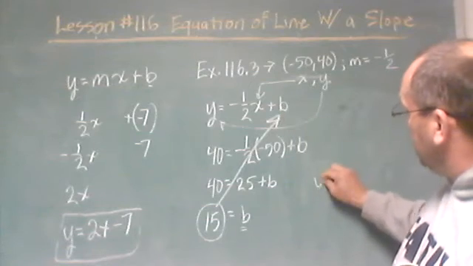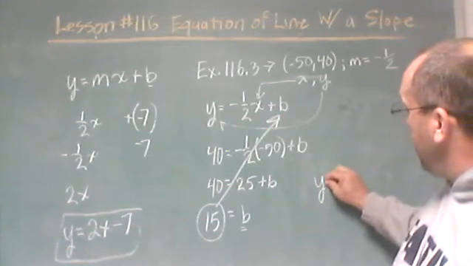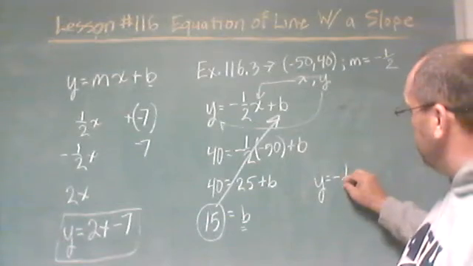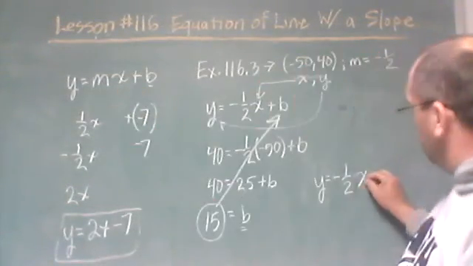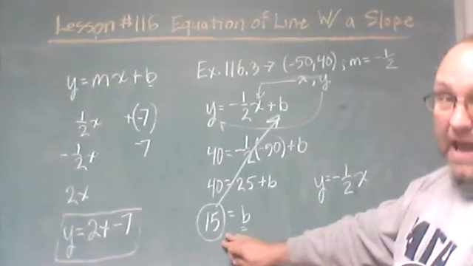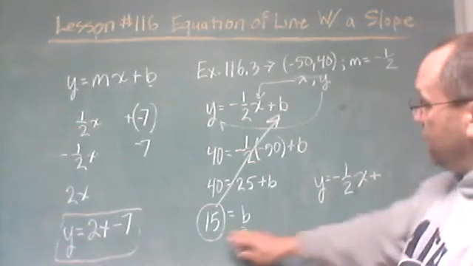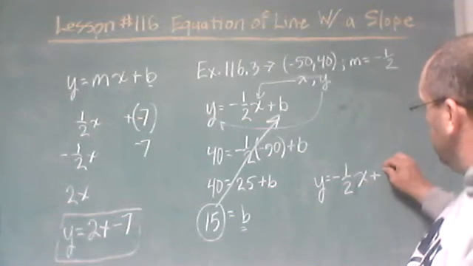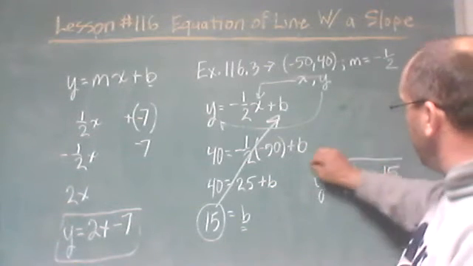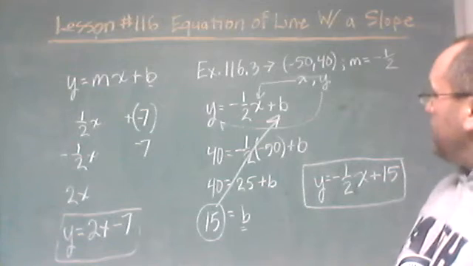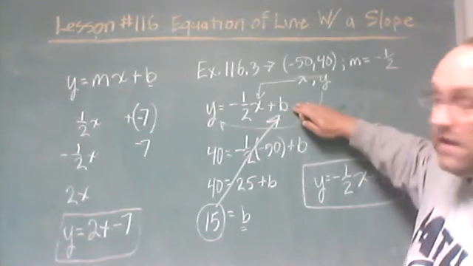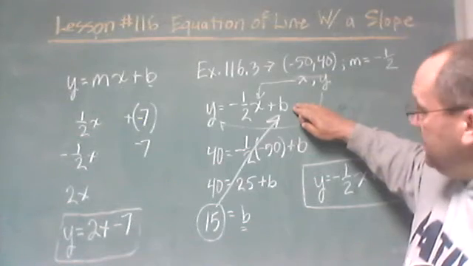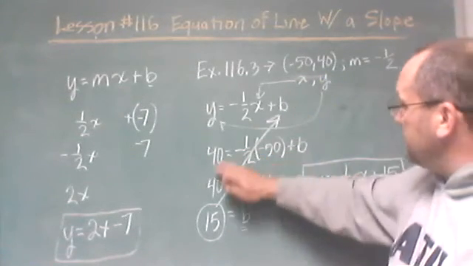Then we take the equation of the line that we had, the slope still stays there, we still keep that x in the equation, and we simply add the b, the y-intercept, which is 15 in this case. Then that becomes the equation of our line. So we don't have the complete equation here; we're missing b. We use this point, and some of you get lost.